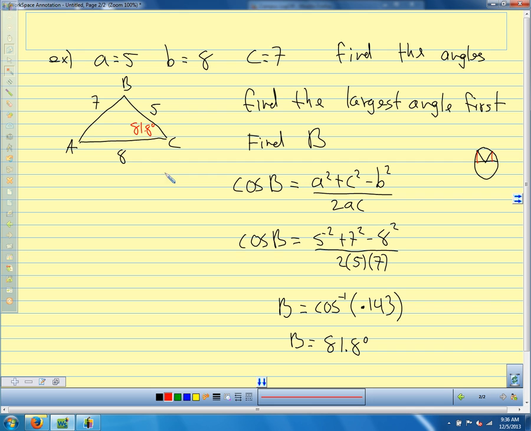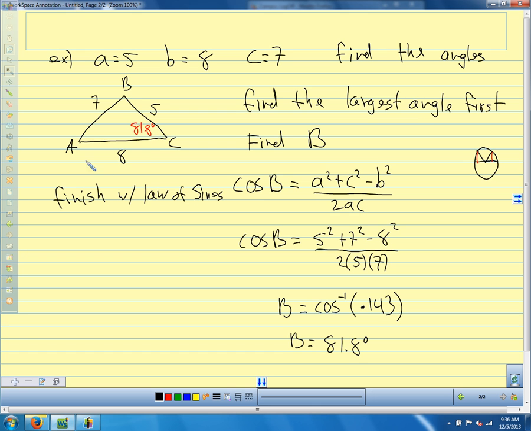Now that we found that angle, 81.8, we can finish the problem with the law of sines. The law of sines is going to be easier to use than the law of cosines. There's more going on here than there is in law of sines. I'm not going to go through the calculations. We've been doing that for a couple of days.